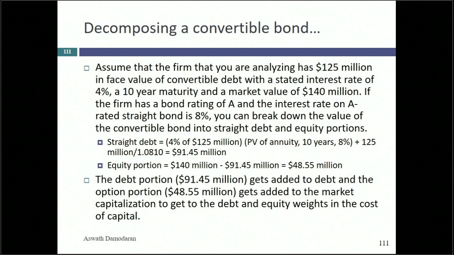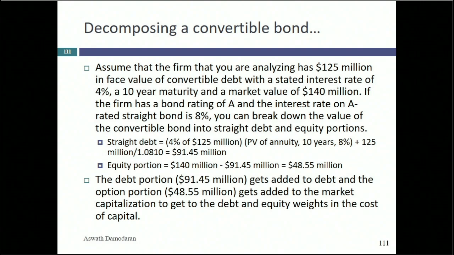Set that to the side. This bond also can be converted to equity. Now there are two ways you can value convertible debt. One is to use an option pricing model to value the conversion option and valuing the straight debt and adding the two together. But I'm going to cheat. Which of those two should be easy to value, the option part or the straight bond part? The straight bond part. So here's what I did. I acted like it wasn't a convertible bond. It was just a regular bond.